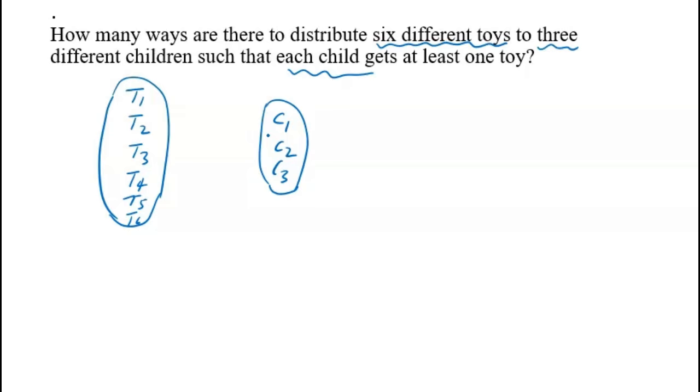Now to count the number of ways in which that can be done, the idea is that we have a set M with 6 elements, meaning there are 6 toys, and we have a set N which has 3 elements, and we want every child to get at least one toy. So I am going to count the number of onto functions.